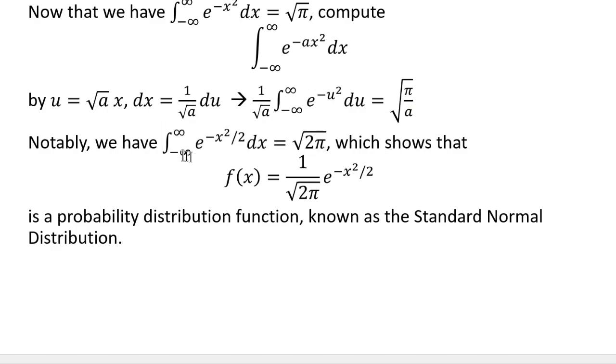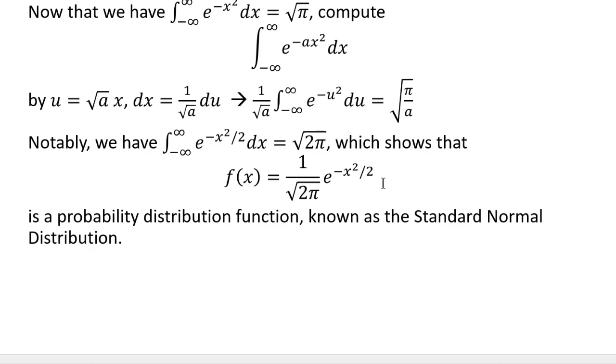This shows that if you divide by square root of 2 pi to the left side, then this function, which is always positive, also has the property that if you integrate from negative infinity to positive infinity, you get 1. And if the integral from negative infinity to positive infinity is 1, you call that a probability distribution function. This specific probability distribution function is called a standard normal distribution, because if you actually computed its standard deviation, you end up with 1.